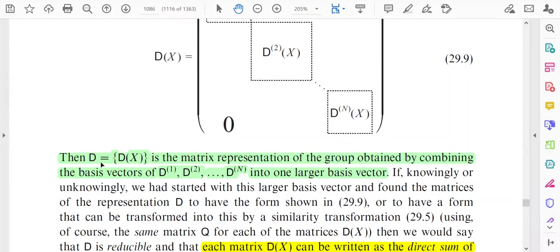Then D, which is the set of matrices D(x), is a matrix representation. What is D? D is the matrix representation of the group obtained by combining the basis vectors of d1, d2 up to dn into one larger basis vector.